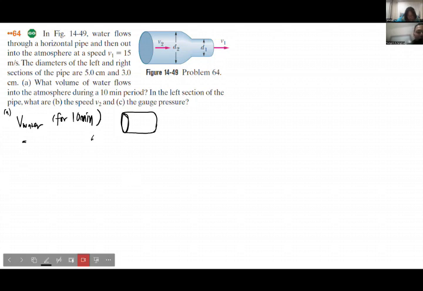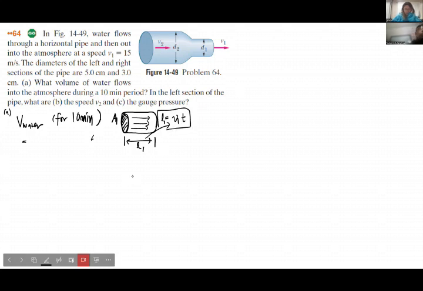So you have cross-sectional area A1, and the water travels distance L. Along this distance, if the water flows with velocity v, then L1 should be the same as V1 times T, right?